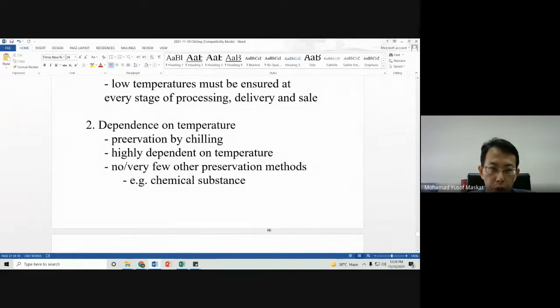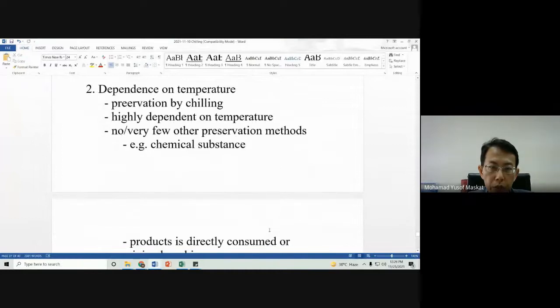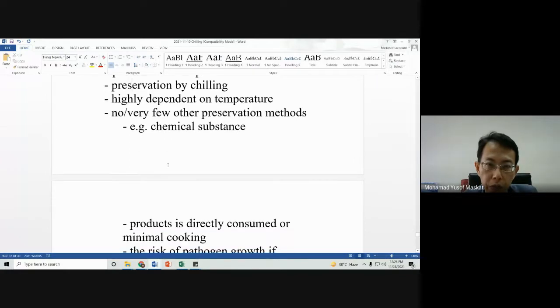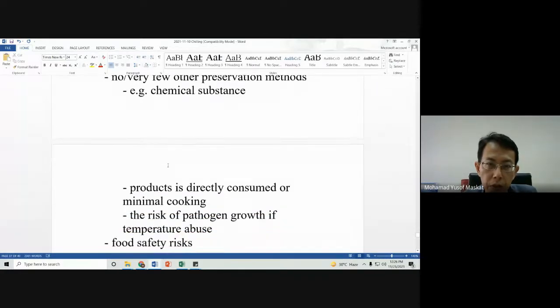Another issue is the dependence on temperature. Preservation by chilling is highly dependent on temperature, so there are no or very few other preservation methods, for example, chemical substances, which you have learned previously.